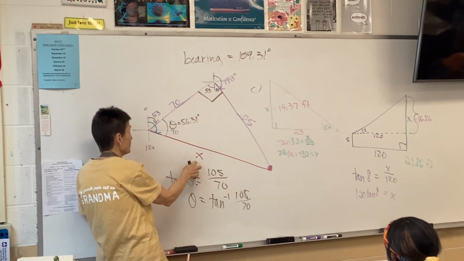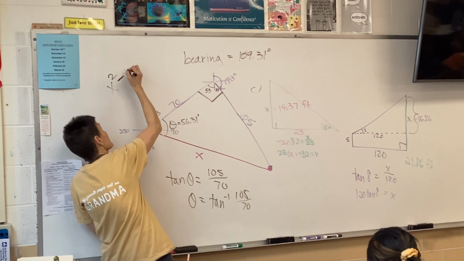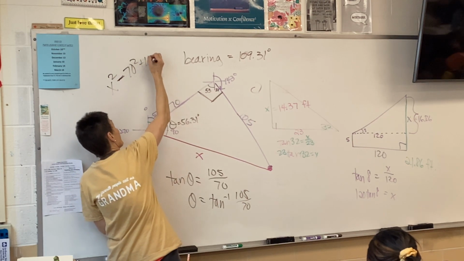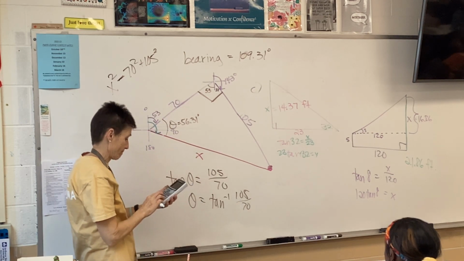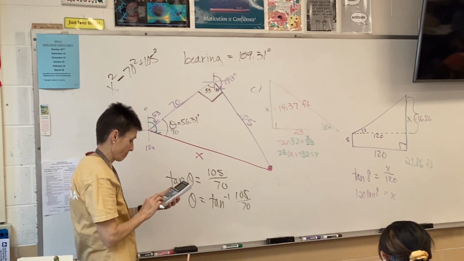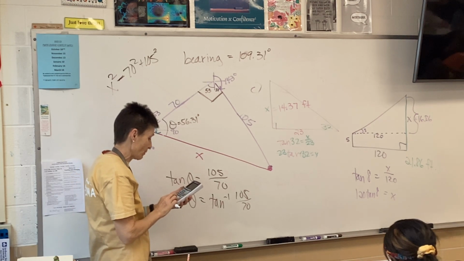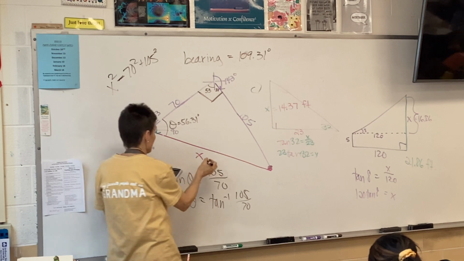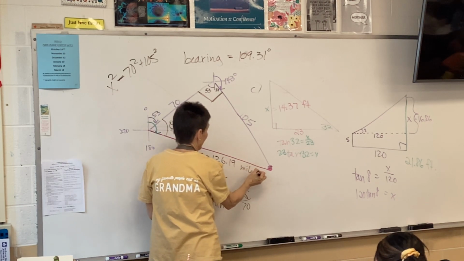That's the hypotenuse. So x squared equals 70 squared plus 105 squared. And don't forget to square root it. 126.19 miles.